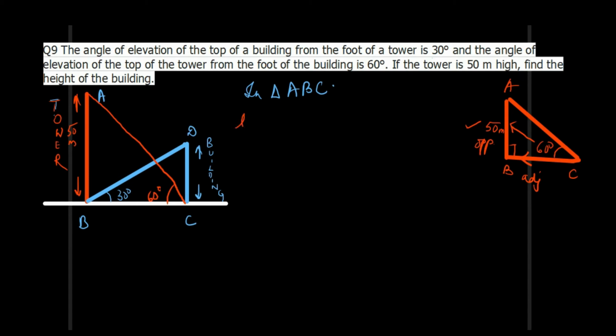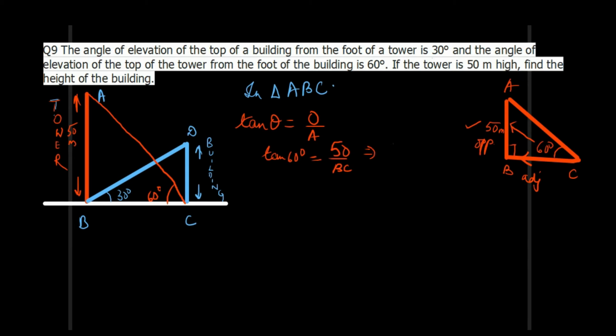And we know tan of theta is equal to side opposite upon side adjacent. So in this triangle, theta is 60 degree, so tan of 60 degree will be 50 upon BC.